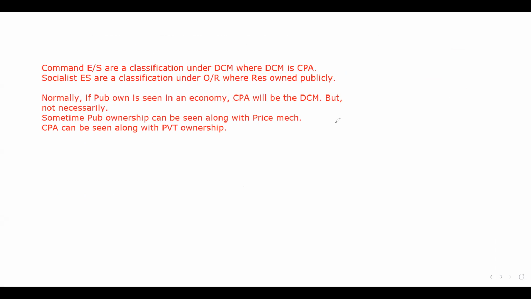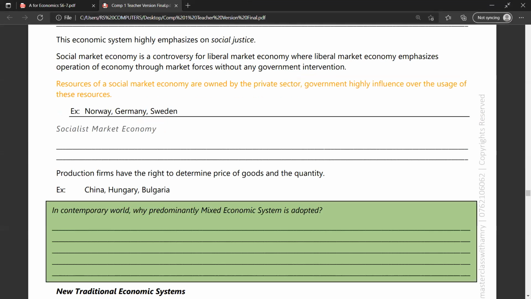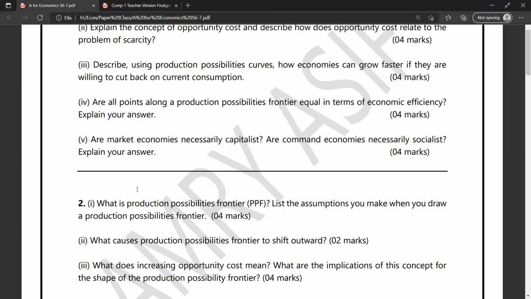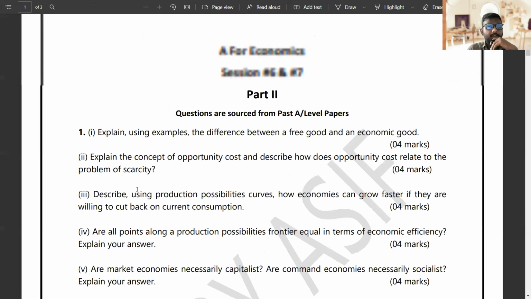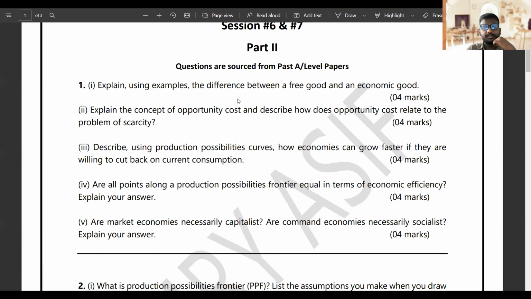Right. So next question. Okay, so we are done with all 5 here. So if you got this one for your A levels, out of 20, how many would you have received?